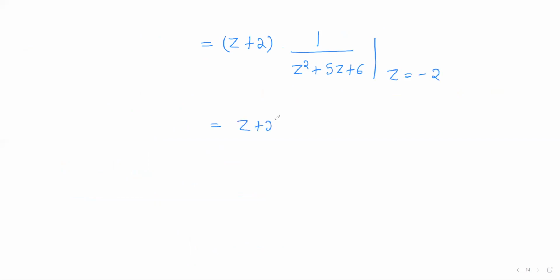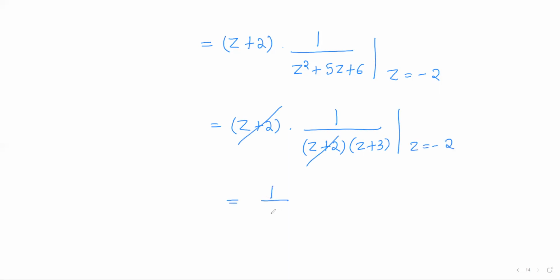So z plus 2 into 1 divided by, now z square plus 5z plus 6 can be factorized as z plus 2 into z plus 3, at z is equal to minus 2. So z plus 2 gets cancelled. We are left with 1 by z plus 3 at z is equal to minus 2. Put z is equal to minus 2, so 1 divided by minus 2 plus 3. So it is 1.